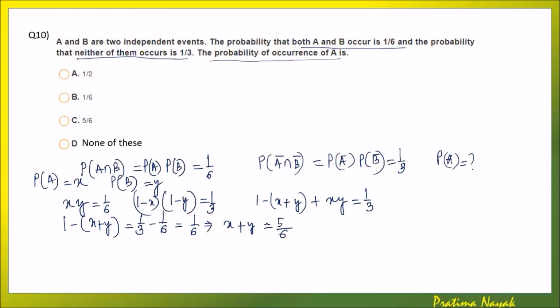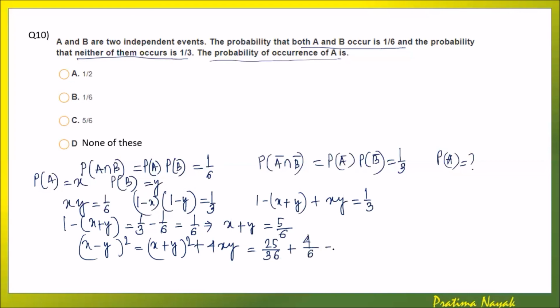Now you have to solve by any method to get X. So I am taking (X minus Y) whole square is equal to (X plus Y) whole square minus 4XY. So this will be 25 by 36, and 4XY is equal to 4 by 6.